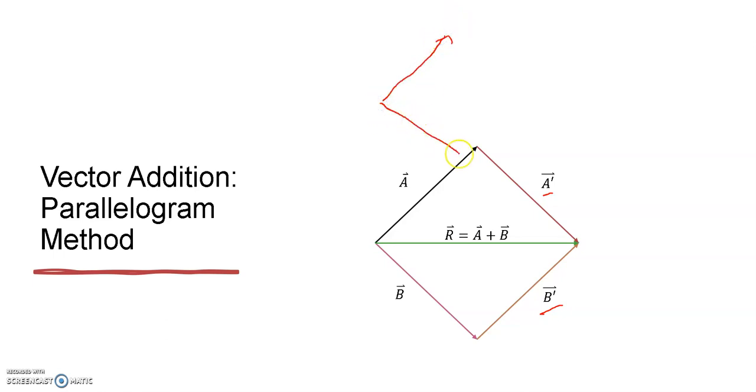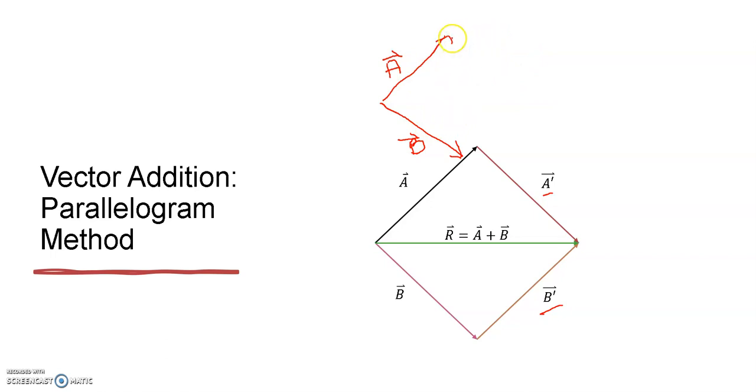Okay, now let's assign this as our vector A, and this one is our vector B. Okay, this is your vector B. So that's the first diagram representing this problem.